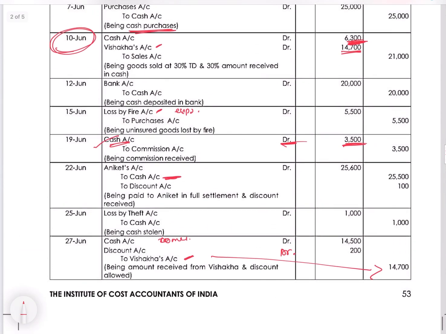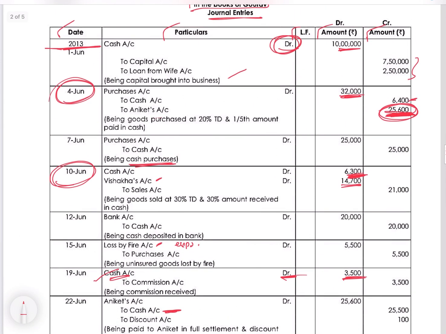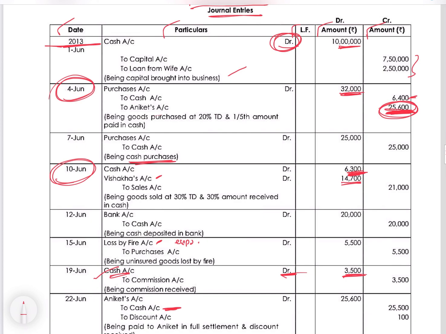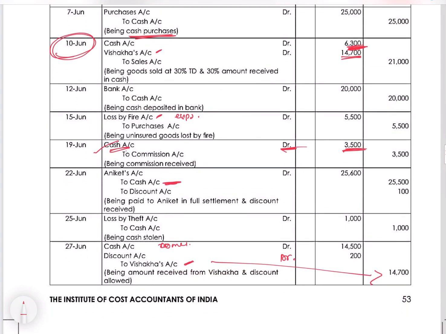Correct? Check all the entries, because once we close the ledger we can't open it again. So we'll check whether all the journal entries have been posted or not, step by step, each entry. We should do this journal entry posting work slowly and very carefully, because if we go wrong it is very difficult to track back the mistake.